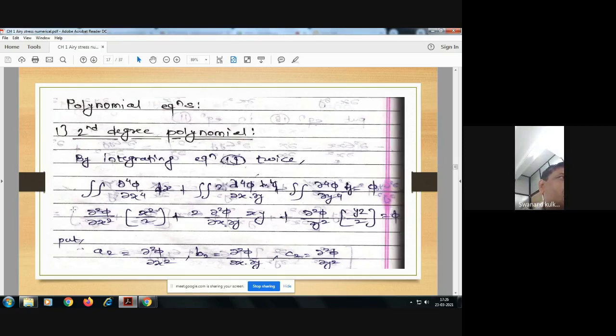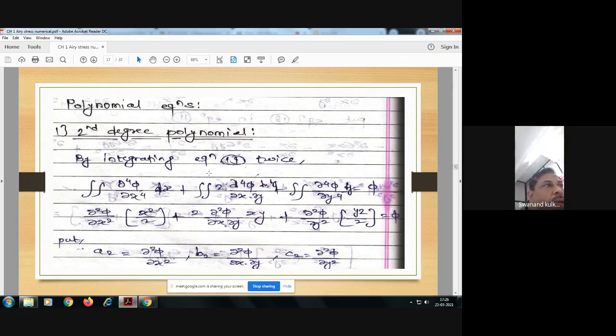Is it okay? So this first part that we have completed here is ∂²φ/∂x², and in the second bracket we have written x²/2, that is, dx first of all in integration gets converted into x, and x again gets converted into x² upon 2.